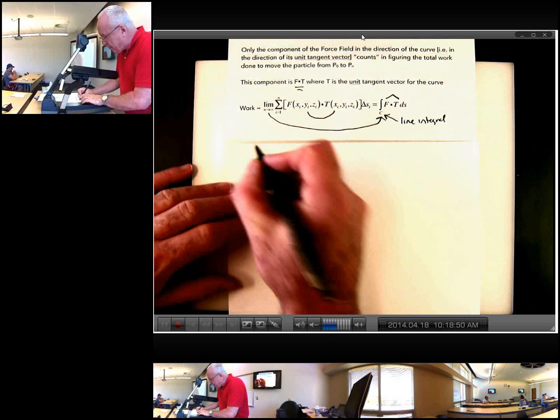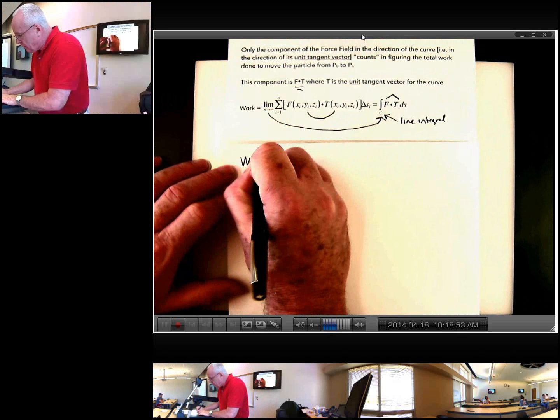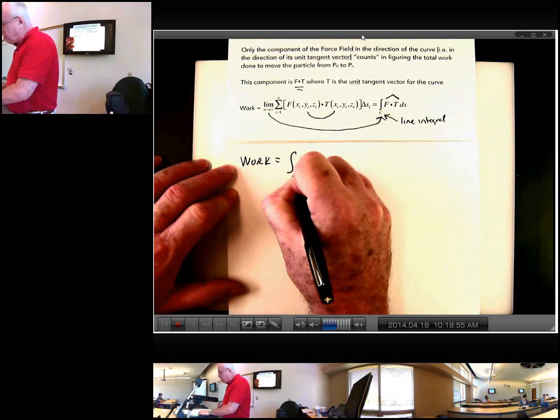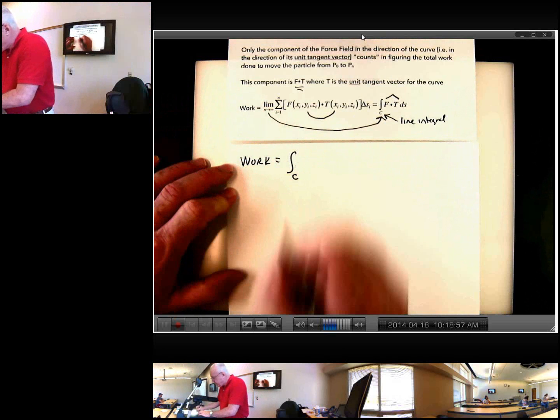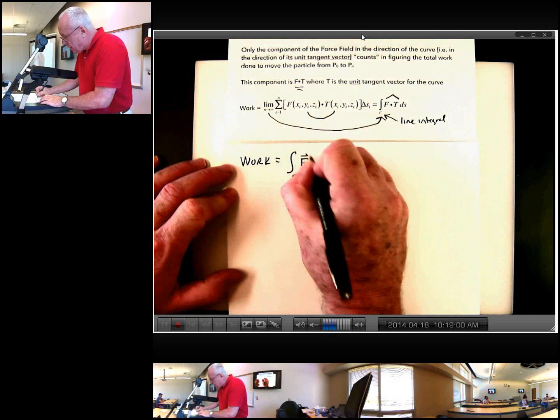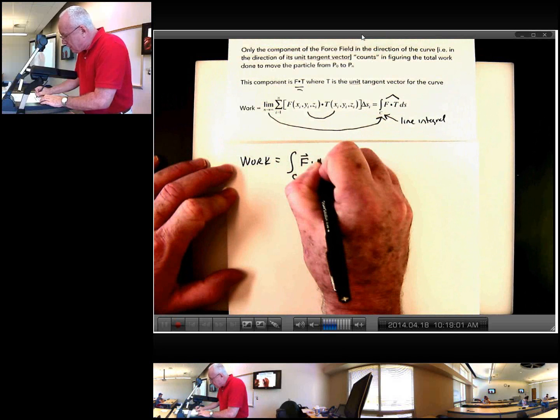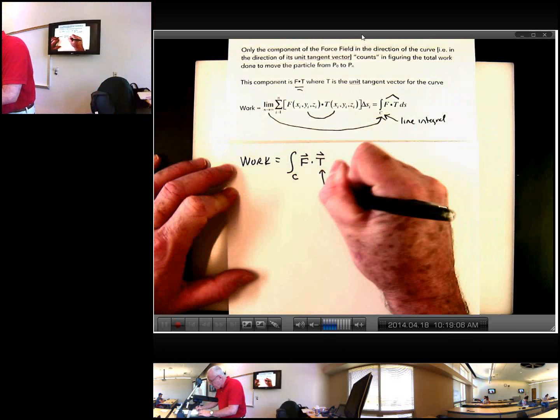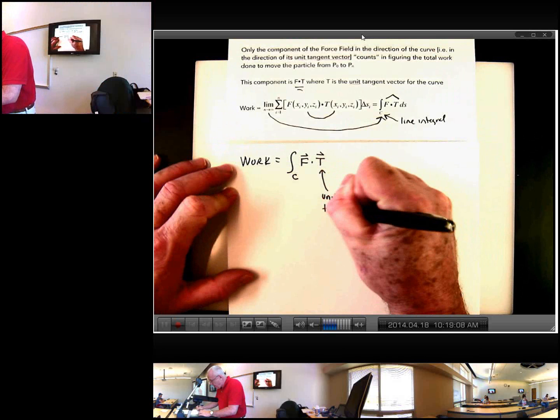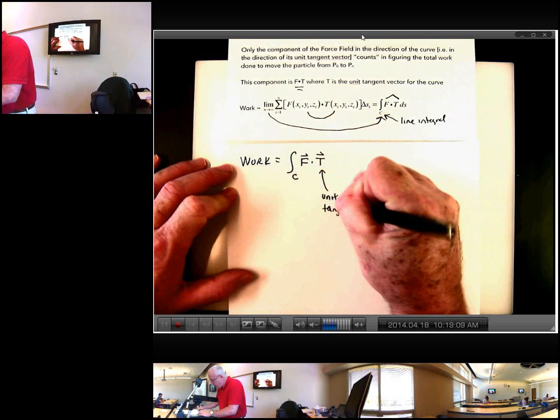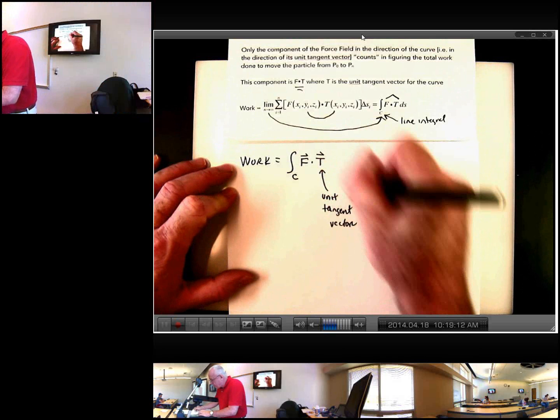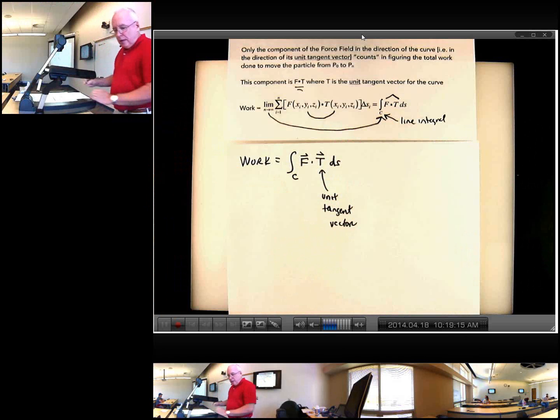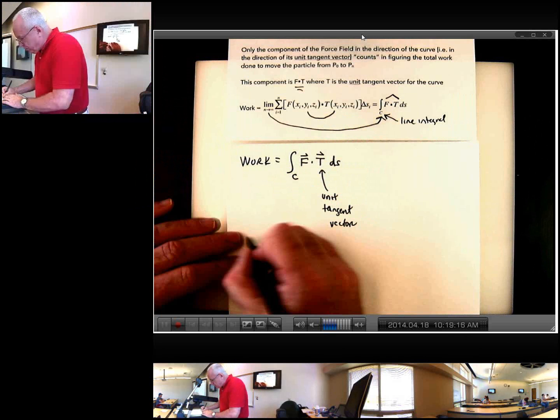We have work is equal to the line integral along our curve C of the dot product of the force with our unit tangent vector, with respect to S. All right, so parameterize the curve.